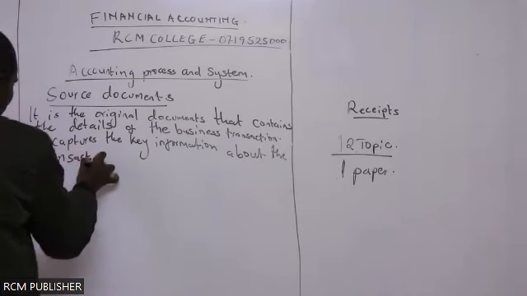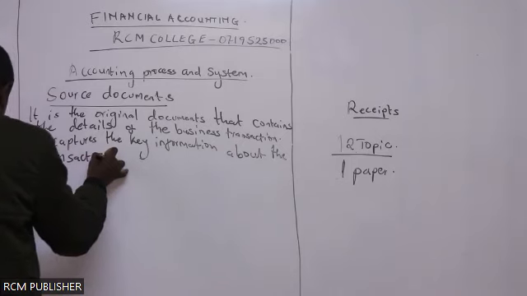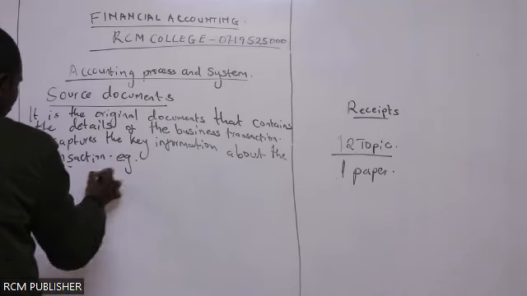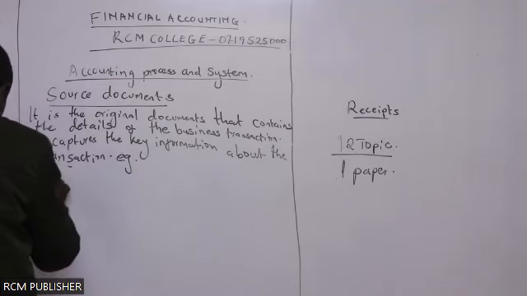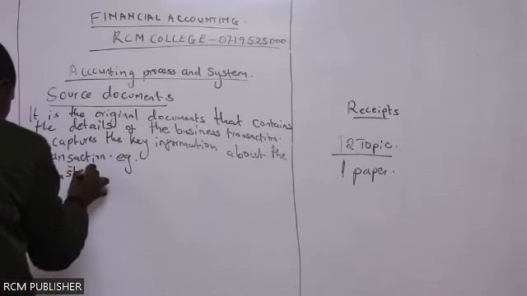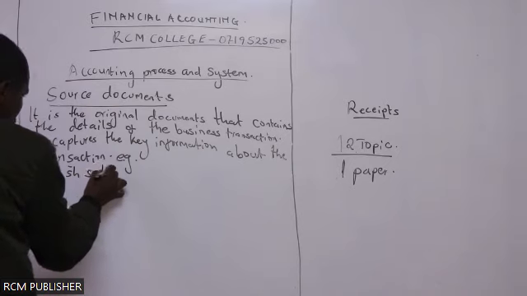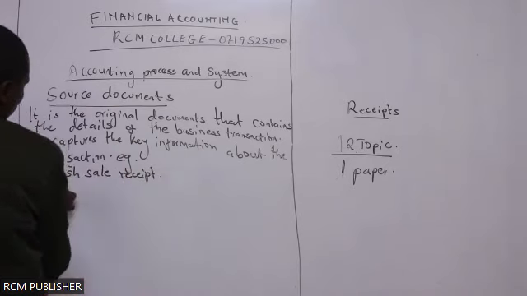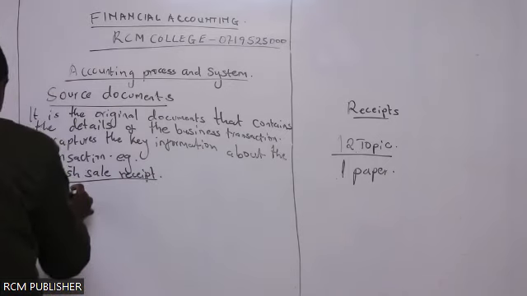E.g., we were given by one of us, cash sale receipt. This is one of the source documents, and I've told you that this is the major one.